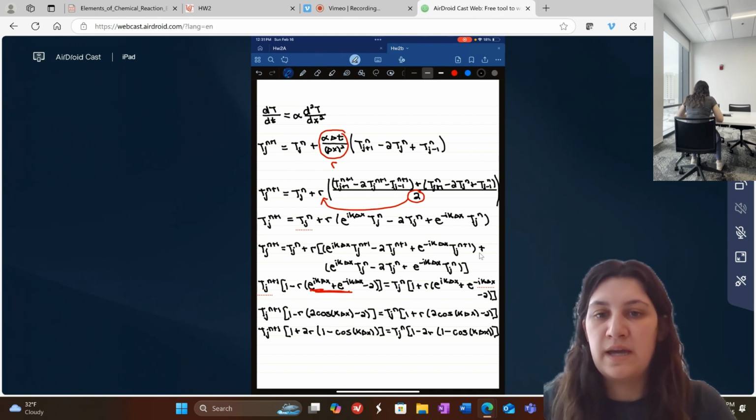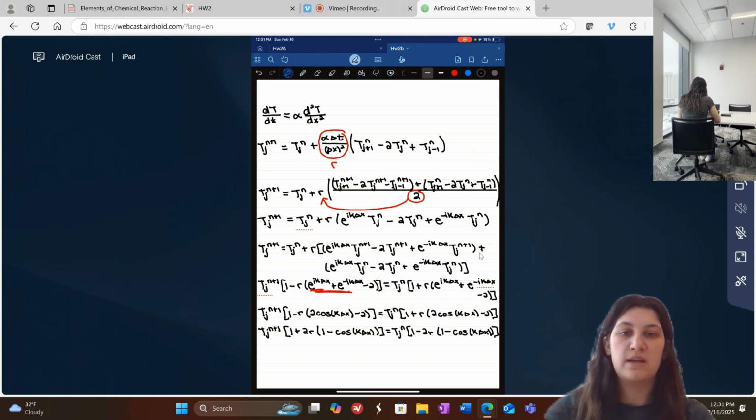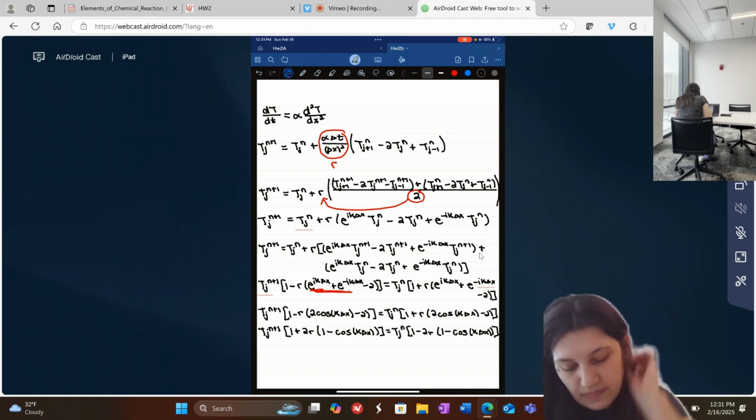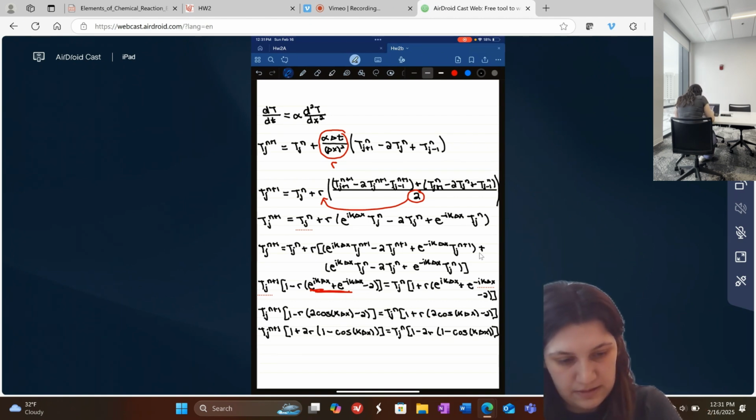Now if we want to get Tj n+1 by itself on the left-hand side of the equation, we divide across by this big long term.